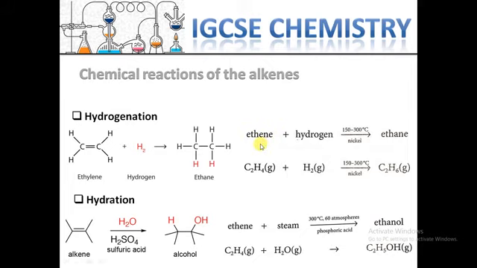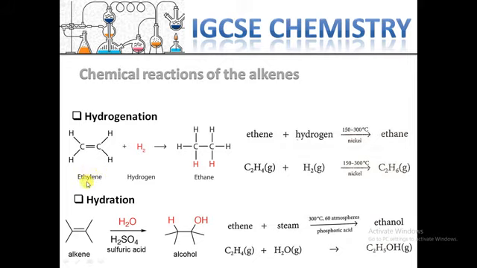The example from your book is here, ethene, and with reaction with hydrogen, you will get ethanol. Okay. Actually, this I took from the internet. This is wrong. It's not ethylene.